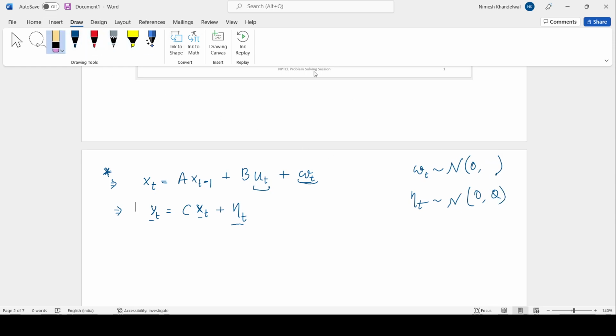This process noise wt was a Gaussian noise of zero mean and P variance, and this eta t is again a Gaussian noise of zero mean and Q variance.